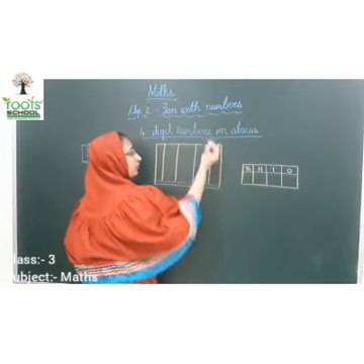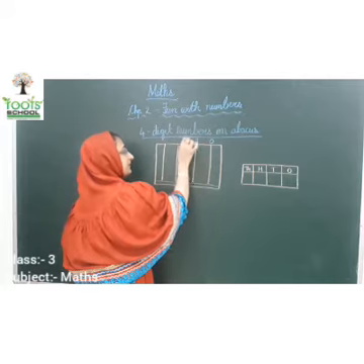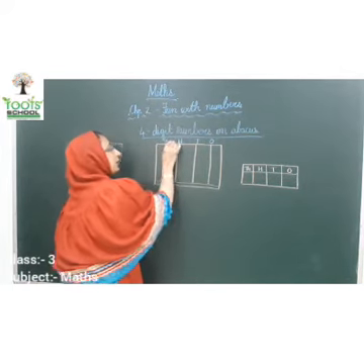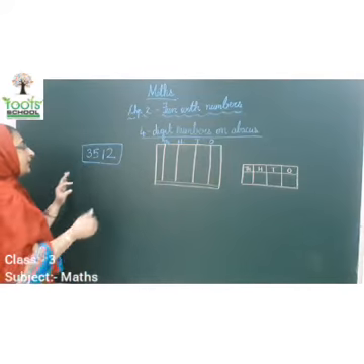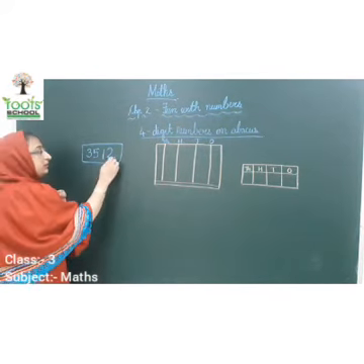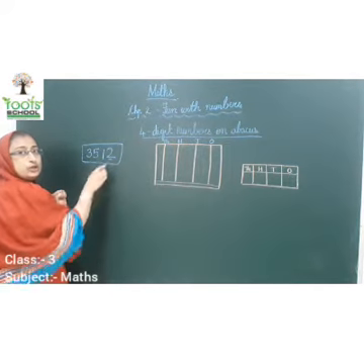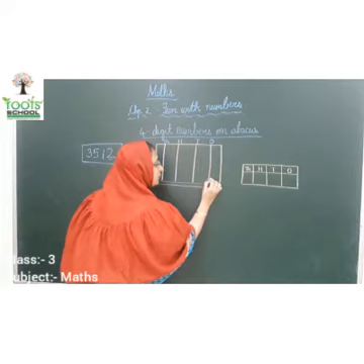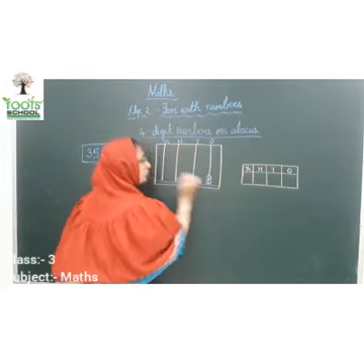This is the value of ones, tens, hundreds and thousands. Now kids, you tell me, at the place of ones, what is the number over here? It is 2. So we are going to draw 2 beads on the abacus, 1 and 2.